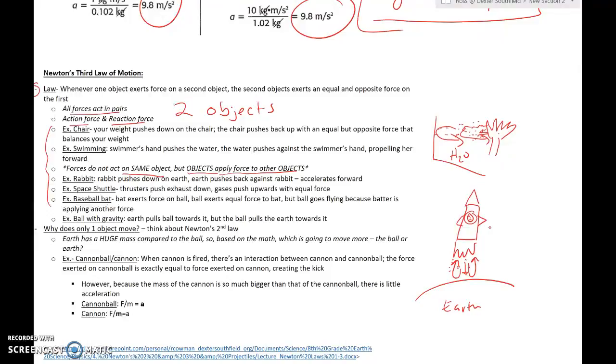So 100,000 kilograms is still like a small pebble compared to the Earth. So what this is explaining is why we only see one object move. Whether it's the rocket or you pushing against the Earth to jump, you don't really see the Earth move. And that's because your mass is way smaller than the mass of the Earth.